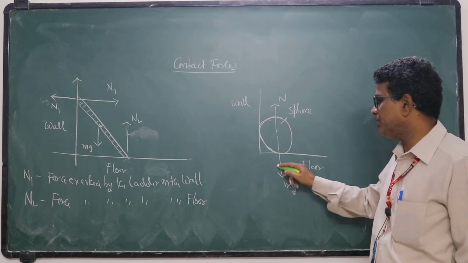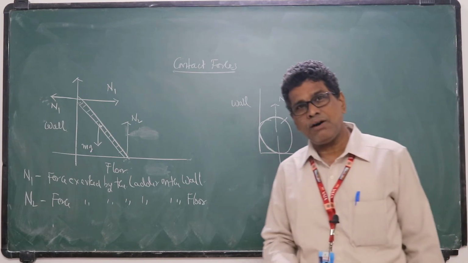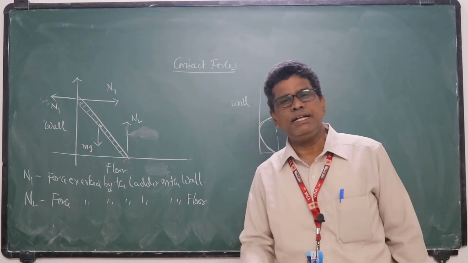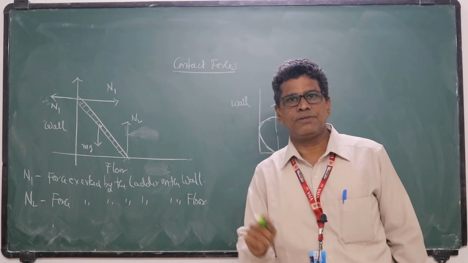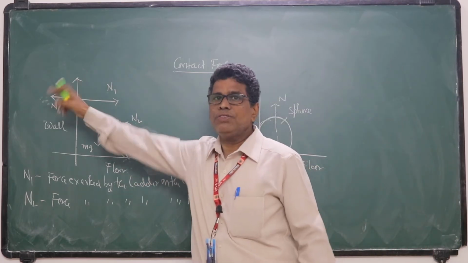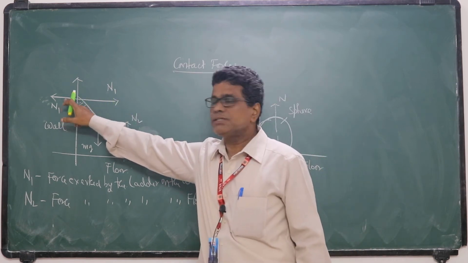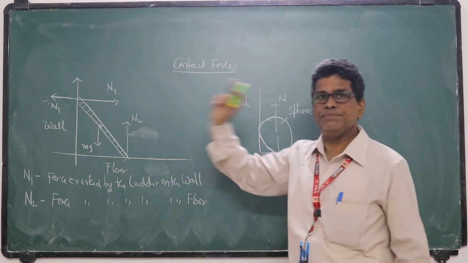So the number of contacts matters, but the normal reaction may or may not exist. When will it exist, and when will it not exist? If the sphere exerts a certain force on the wall, then the wall exerts an equal amount of force on the object.